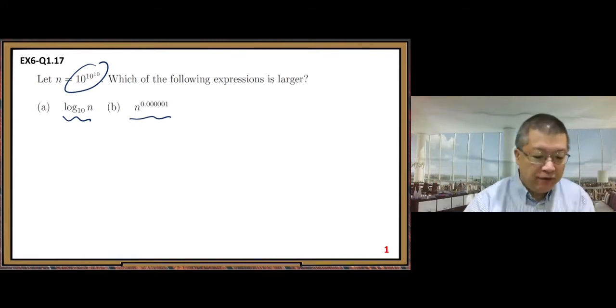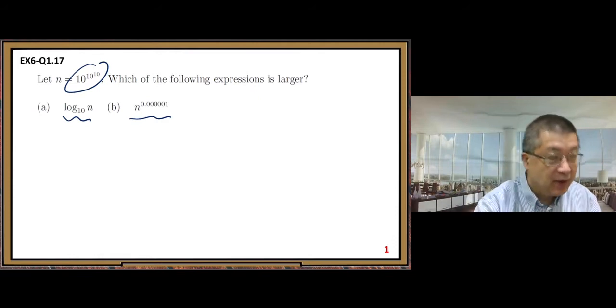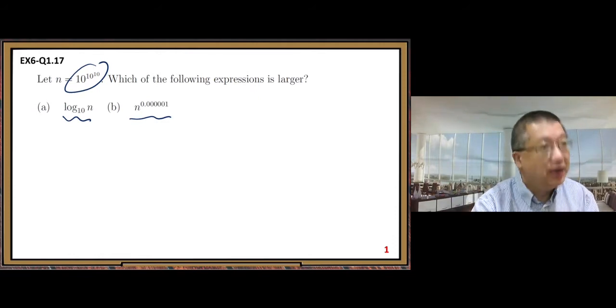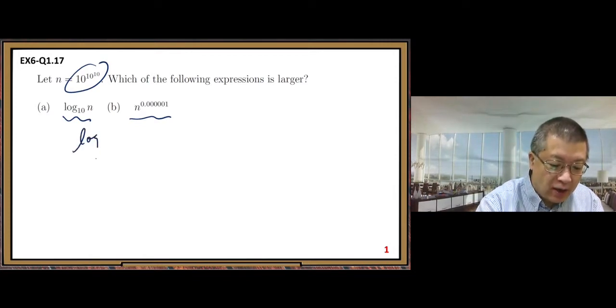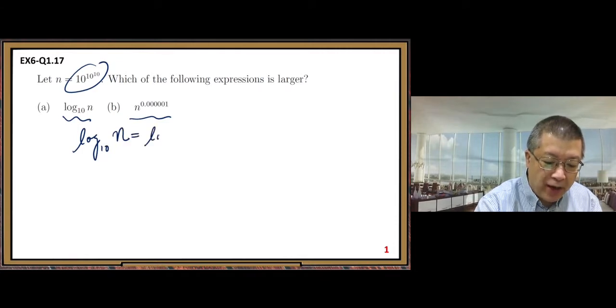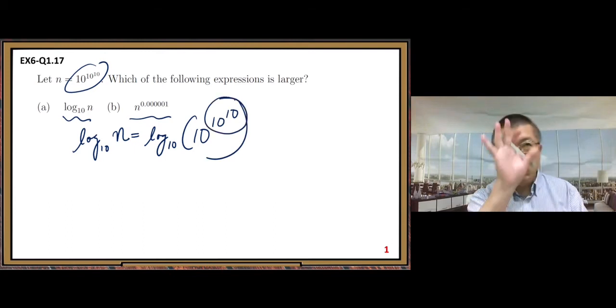First, if we take a log base 10, that should be relatively easy, right? So let's do it. Log base 10 of n, that's the log base 10 of 10 to the 10 to the 10th. But we treat this whole thing as one number.